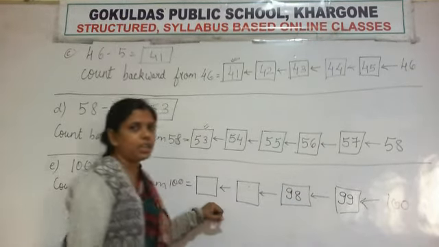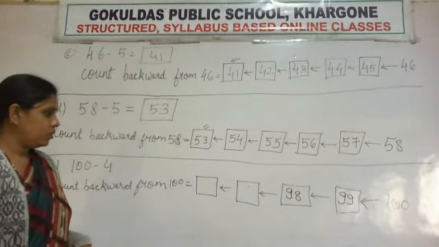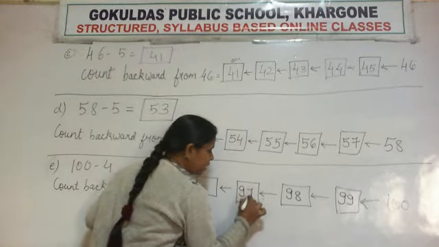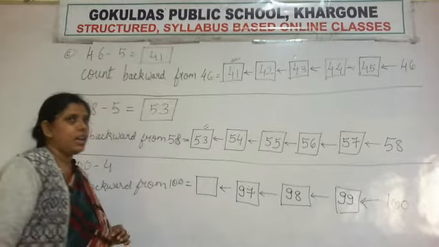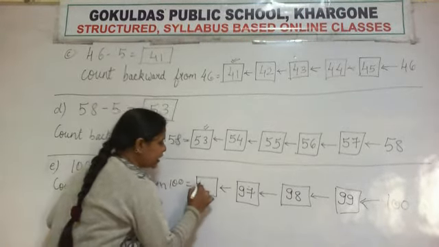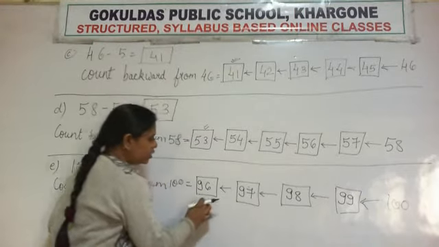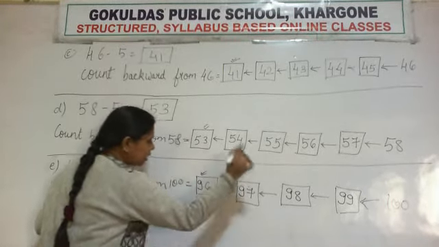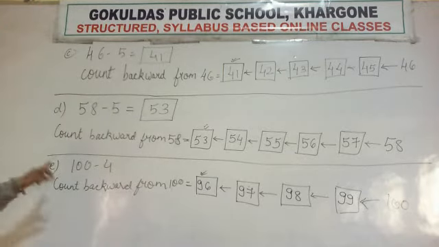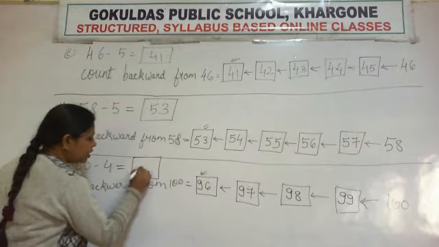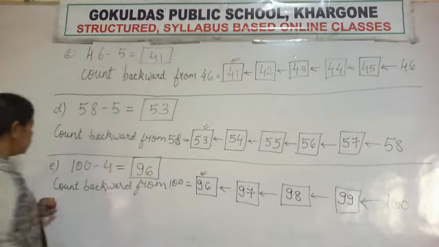So write here 98. Now the number that comes before 98 will be 97. So write here 97. And the last box, the number that comes before 97 will be 96. So this is our last box and the number in this box is 96. So the answer of 100 minus 4 will be 96. So write here 96. Okay.